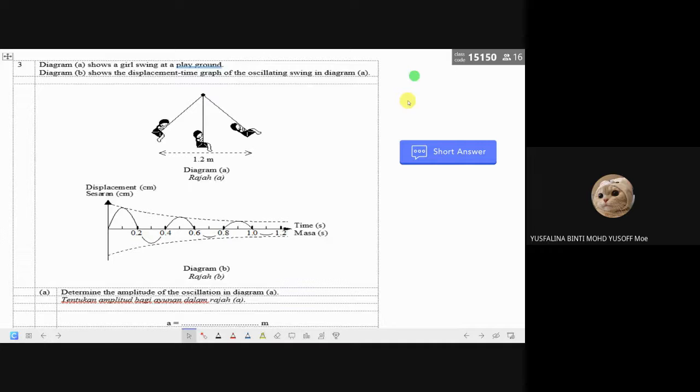Okay, so remember just now, what is the amplitude actually? What does it mean by the amplitude? The amplitude is the maximum displacement. Okay, the maximum displacement from the equilibrium position.